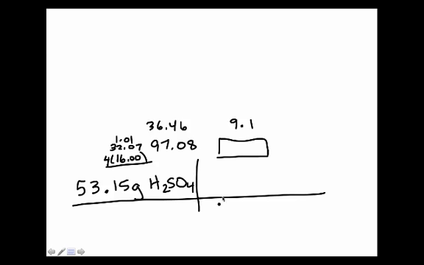And I know that for every 97.08 grams, I have 1 mole, right? So grams I put across from one another so that I can cancel them out.